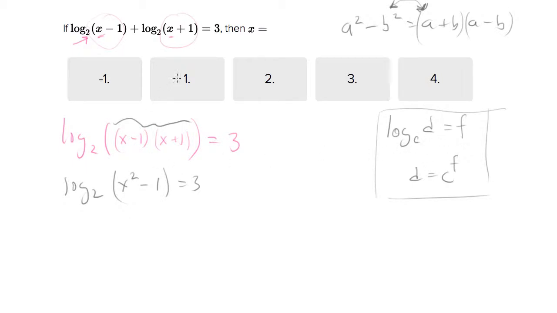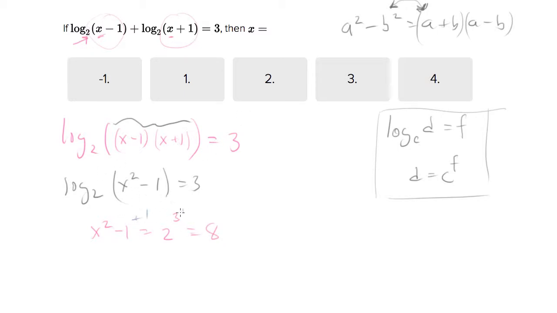So at this point we can convert what we've been given using that system. So x squared minus 1 must be equal to 2 cubed. So x squared minus 1 equals 8, right? 2 cubed is 8. Now we're using simple algebra.